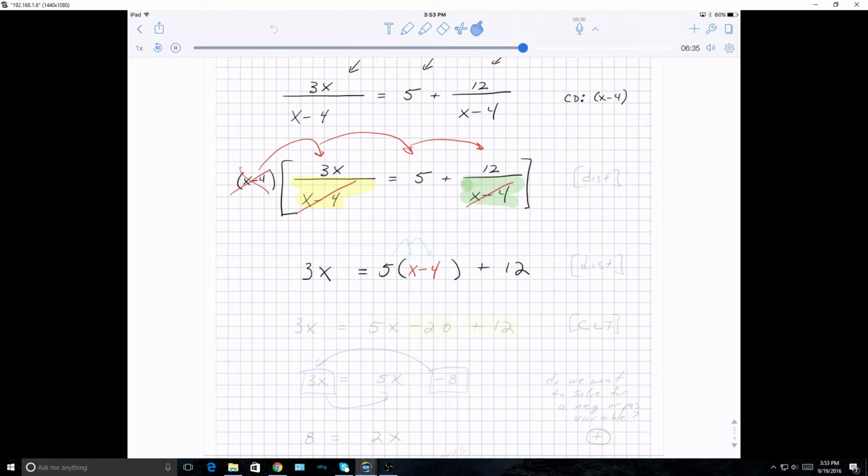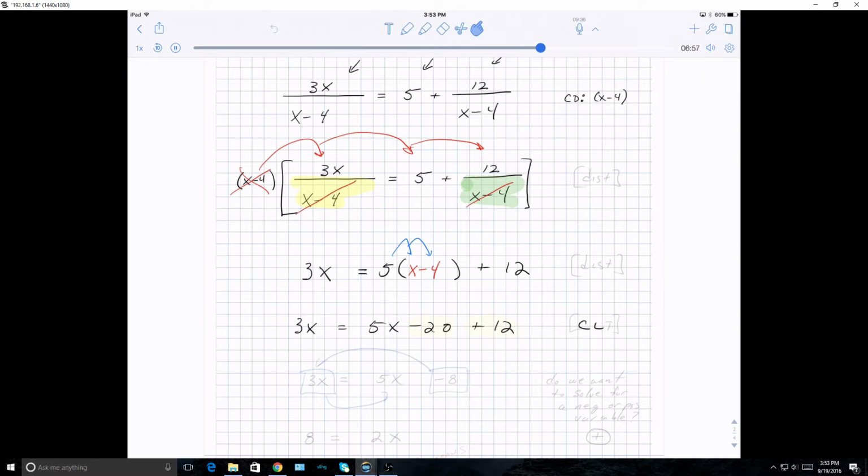So now all we have to do is another distribution, this time the 5 over the x minus 4. If we rewrite all this, we're going to have 3x equals 5x minus 20 plus 12. And now all we're doing is combining the like terms.